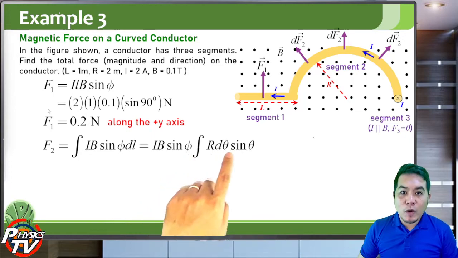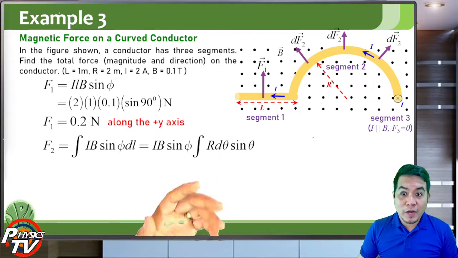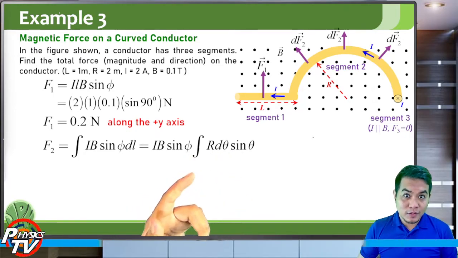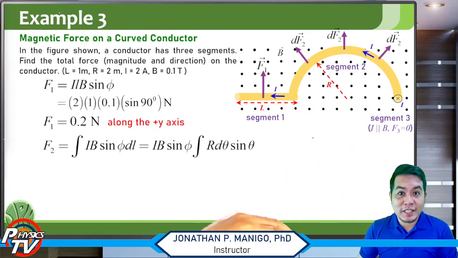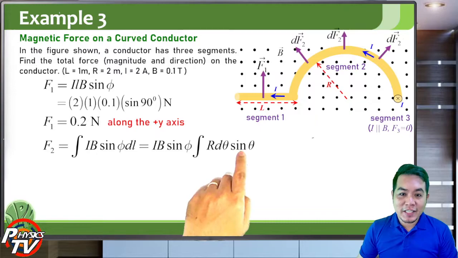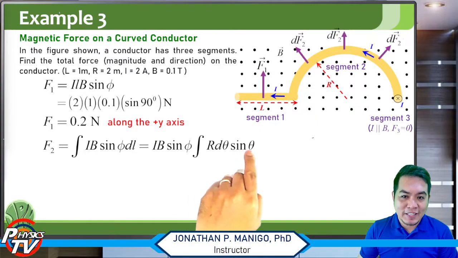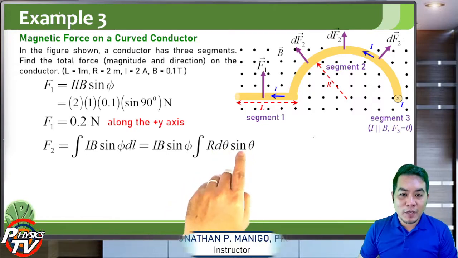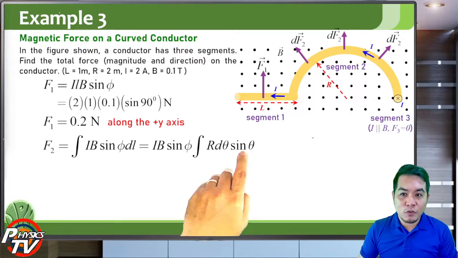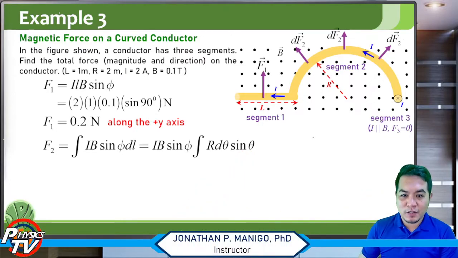The y component of a vector is the sine theta. The cosine theta is the x component, and the sine theta is the y component. Hence the sine theta here. So r d theta here is the dl, and only the y component of the force will contribute.